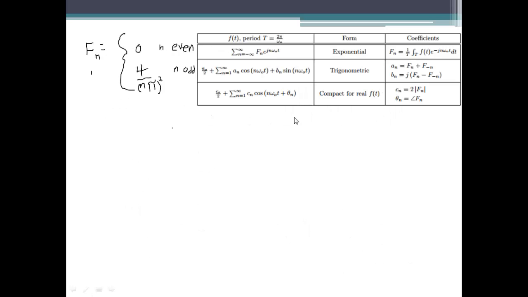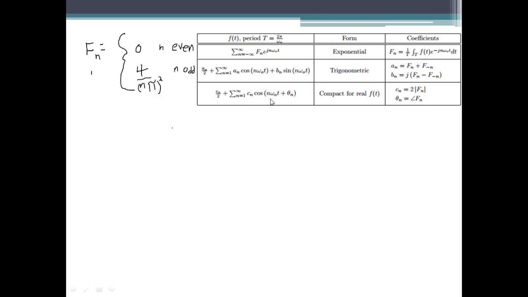So now we want to be able to go from exponential form to either trigonometric or compact form. Trigonometric form is an infinite sum of cosines and sines, whereas compact form is just an infinite sum of just cosines, but instead of just having the amplitude weighting, c sub n, it also has an angle phase shift, theta sub n.